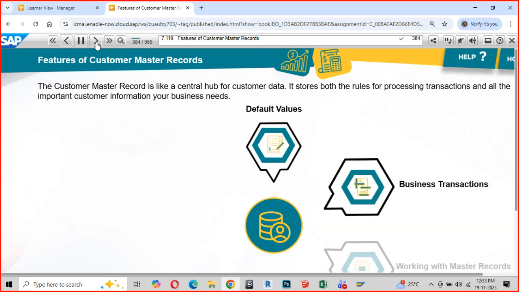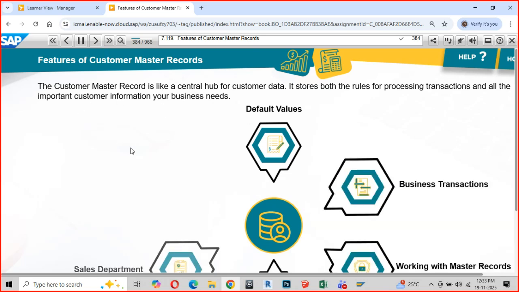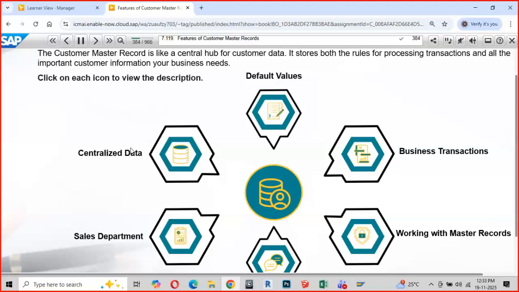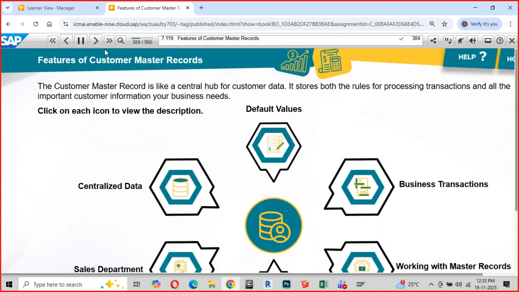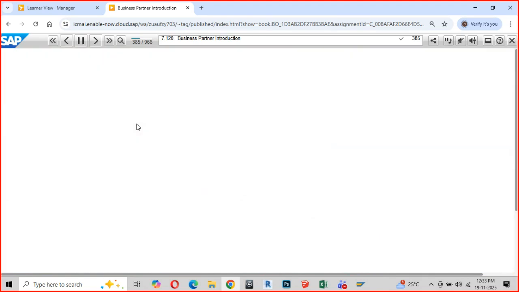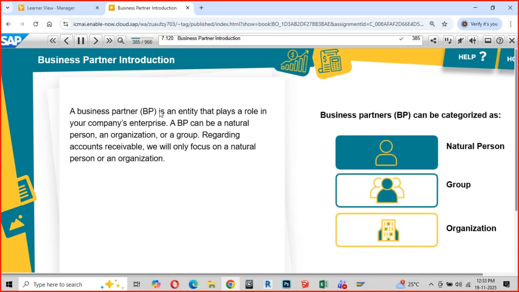That's exactly what I'm looking for. See, communication with the customer is your dunning, okay, and your balance confirmation. Business partner, we already know the concept. Clear?